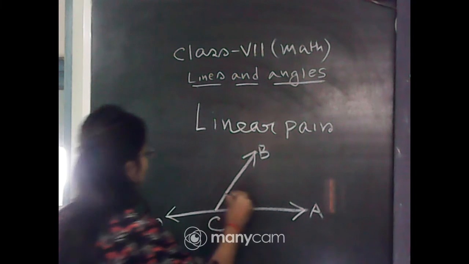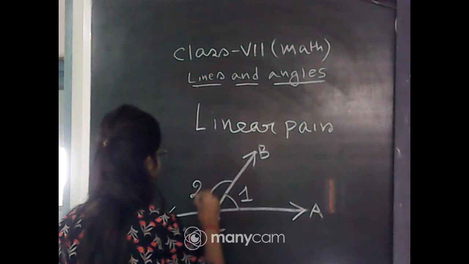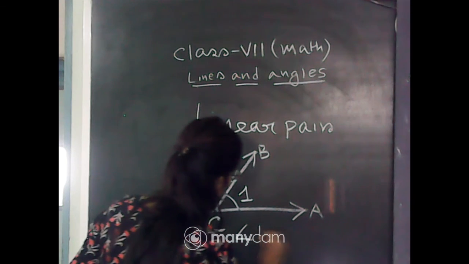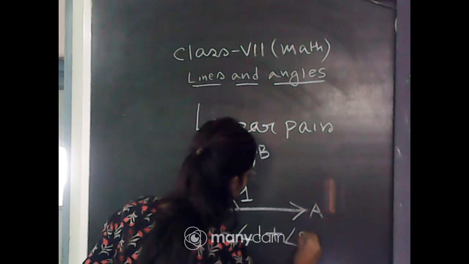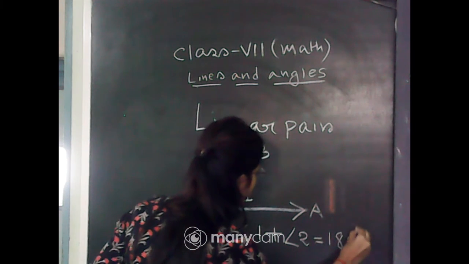In other words, angle 1 plus angle 2 is equal to 180 degree.